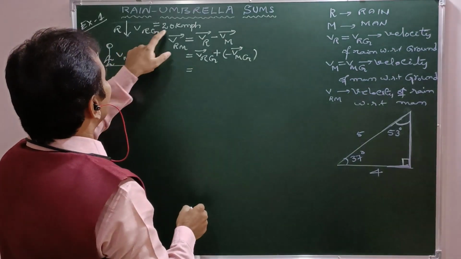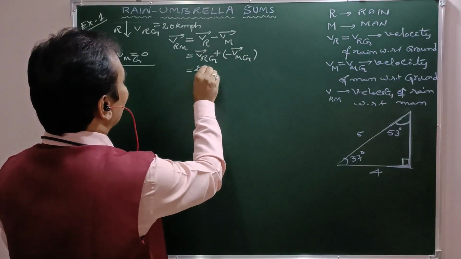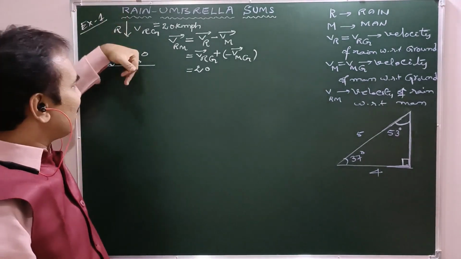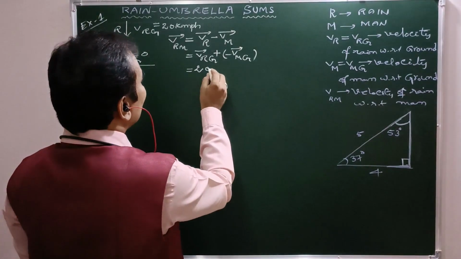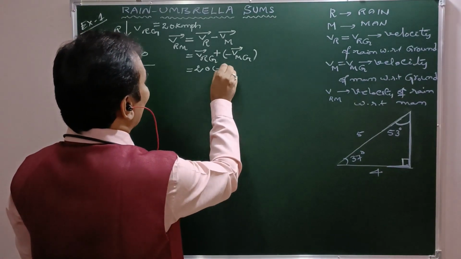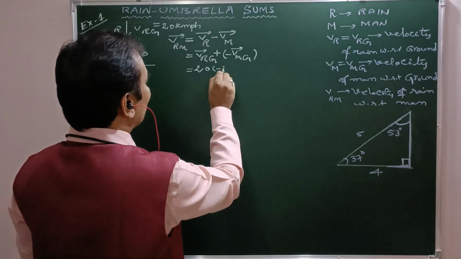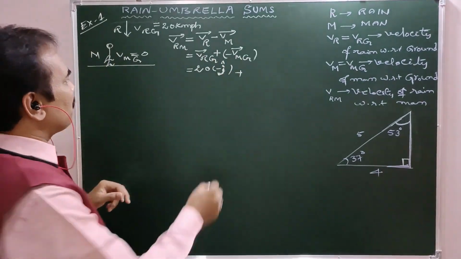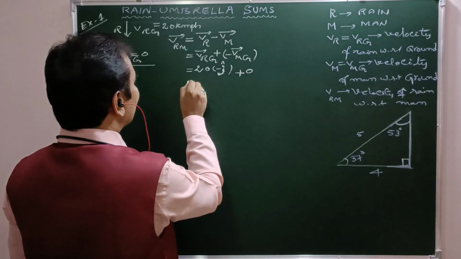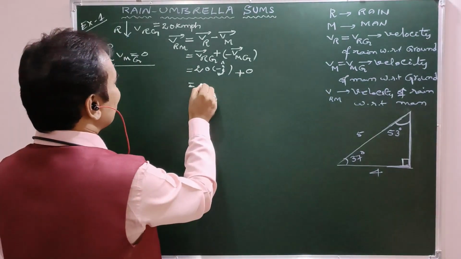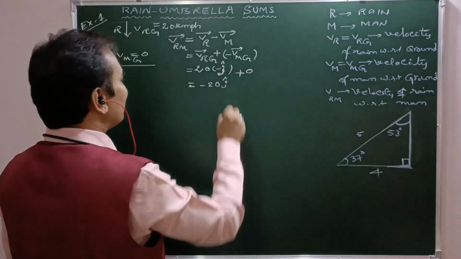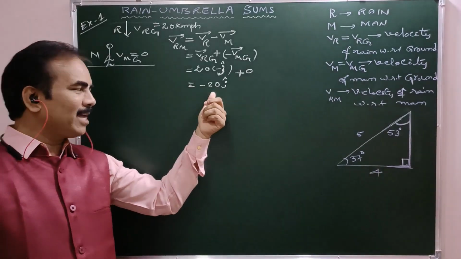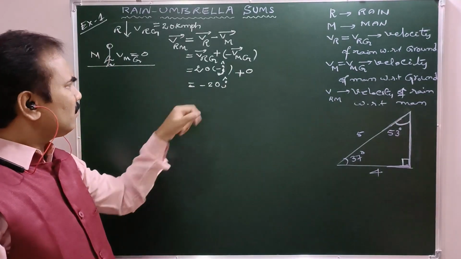What is Vrg here? Vrg is 20. What is the direction of Vrg here? Vertically downwards. The unit vector along vertically downwards is minus j cap, the negative y-axis. So 20 into minus j cap, plus Vmg, which is 0. The final answer is Vrm equals minus 20 j. So the relative velocity of rain with respect to man is minus 20 j.